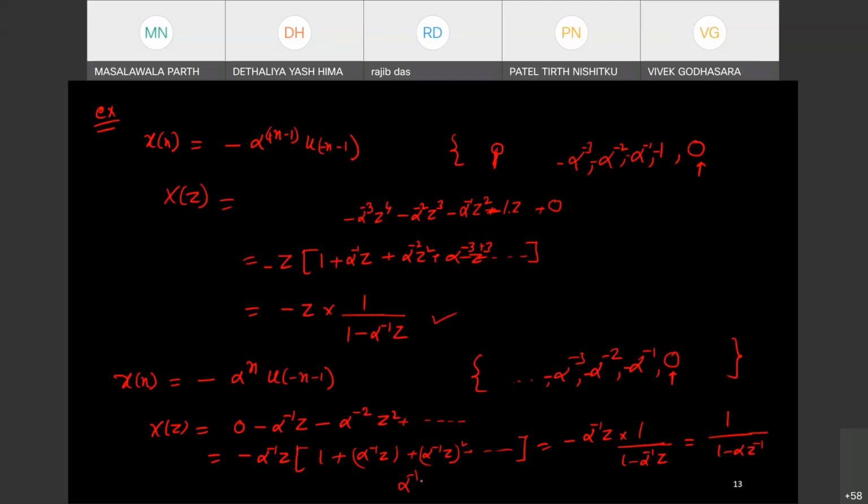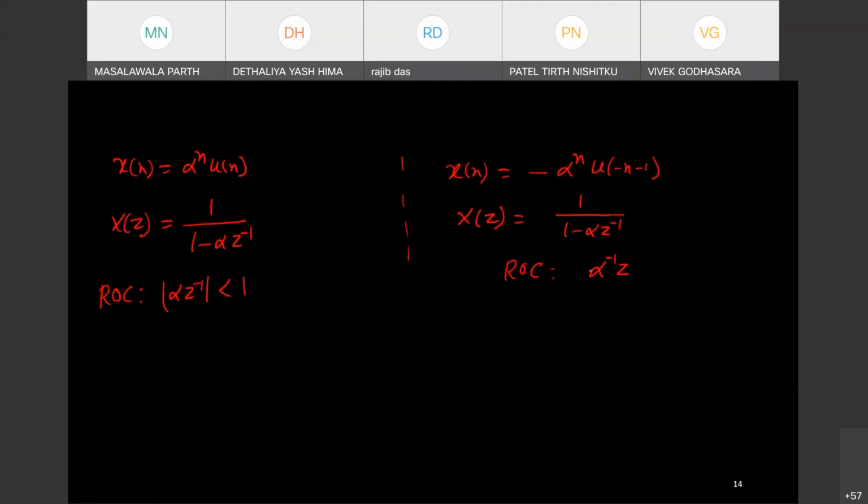So alpha to the power minus 1 z, this ratio should be less than 1. Okay, this is the condition. So you will see that this should be less than 1. So here what you will get, mod z is more than mod alpha, but in this case mod z is less than mod alpha.